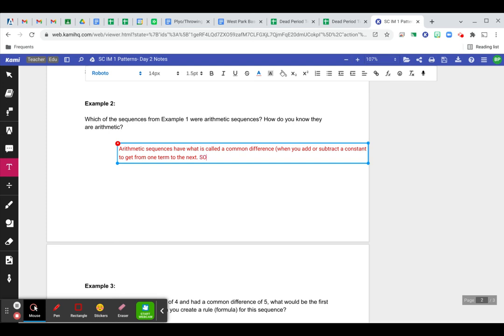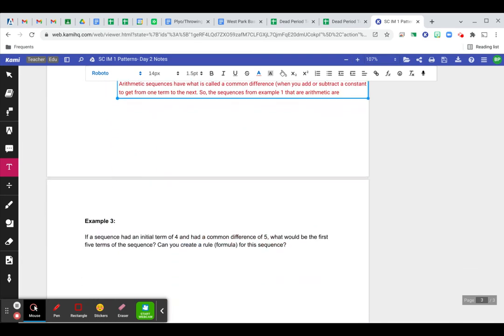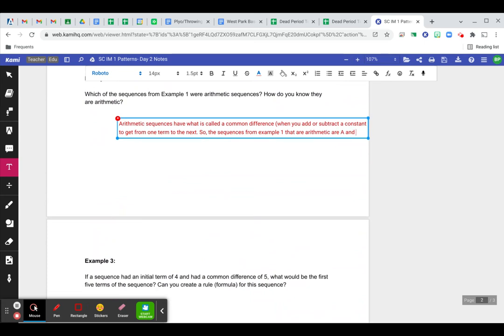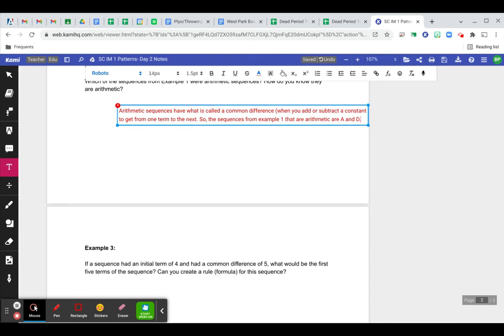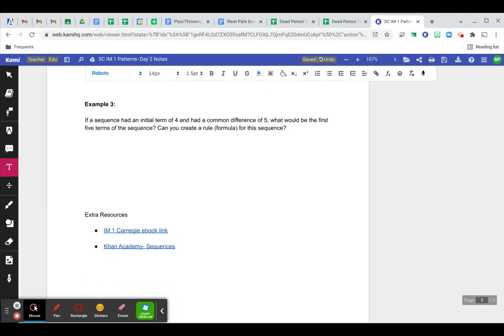So the sequences from example 1 that are arithmetic are A and D. Okay, don't make it any harder than it has to be. That just simply means that when you're adding or subtracting to get from one term to the next, that makes it an arithmetic sequence because that is your common difference.